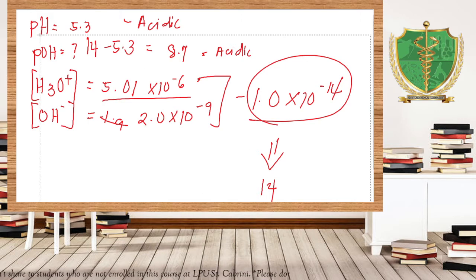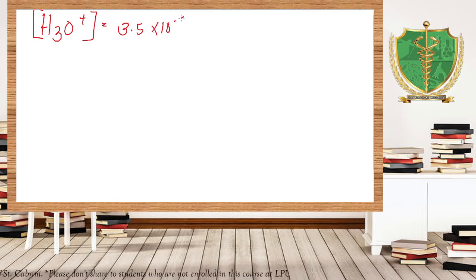One more example. Okay, the hydronium concentration is 3.5 times 10 raised to negative 3. Question, what is the pH, what is the pOH, and what is the hydroxide?